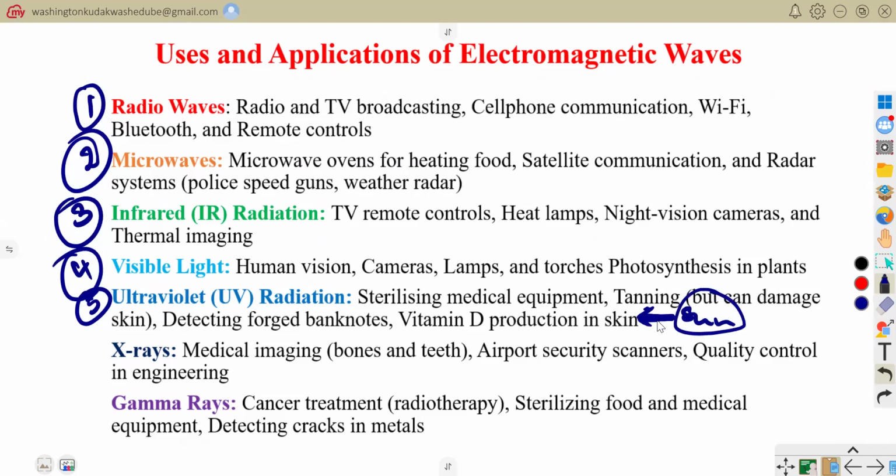What they are doing is trying to harness ultraviolet radiation. This gives vitamin D in our skin. And then we can use it for detecting forged notes. That is what they use in banks or in security features, either on the tailor or on the shops.